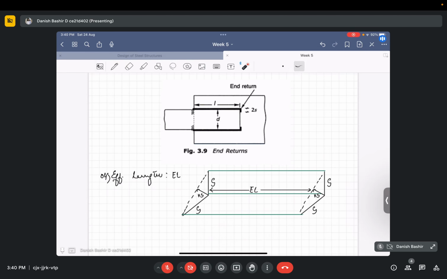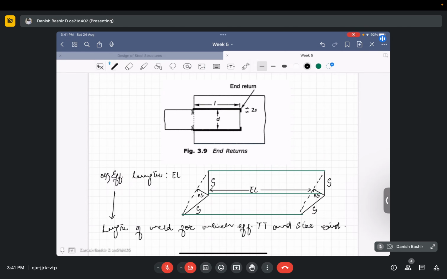I will write the definition for you. It is the length of weld for which effective throat thickness (EFTT) and size exist.